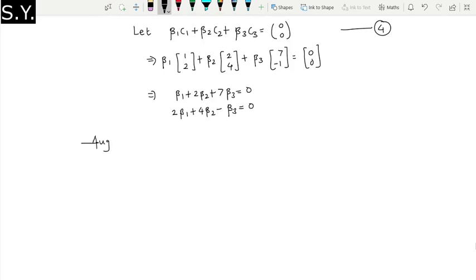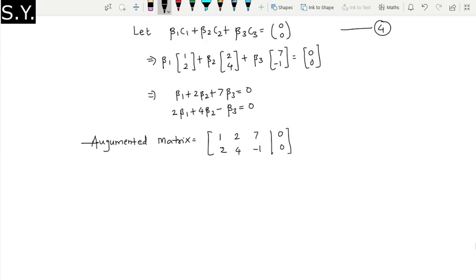So now I will write down the augmented matrix. Our augmented matrix is 1, 2, 7, 2, 4, minus 1. It is exactly the matrix A, I guess. And on this side you are going to have 0, 0.